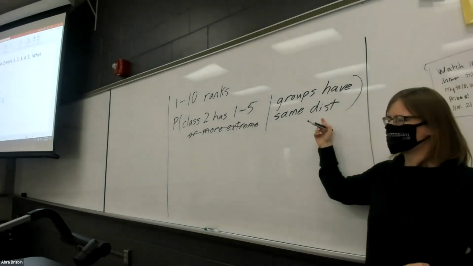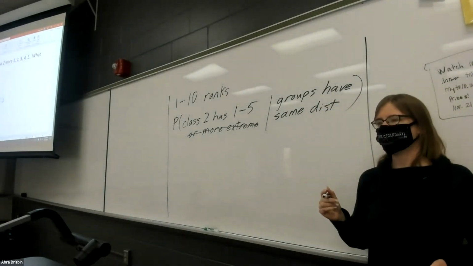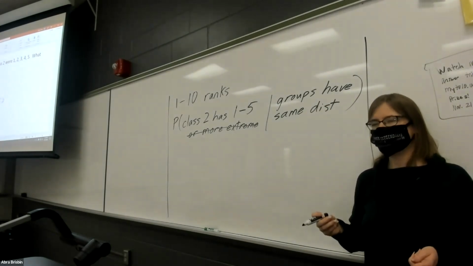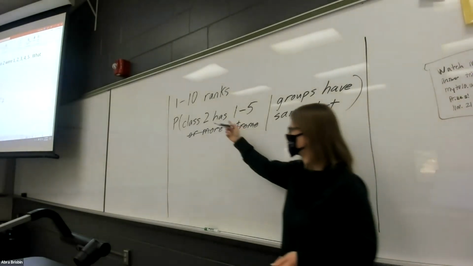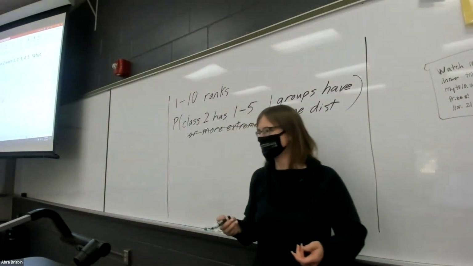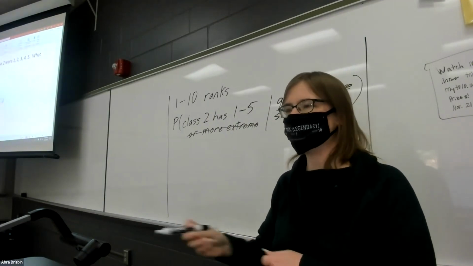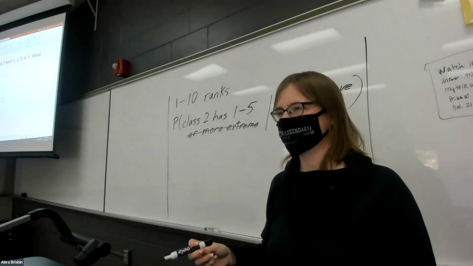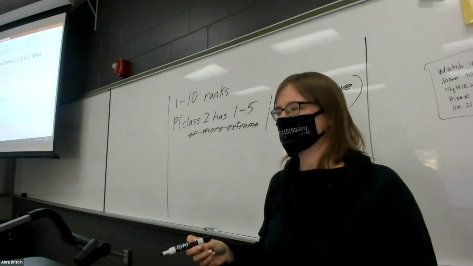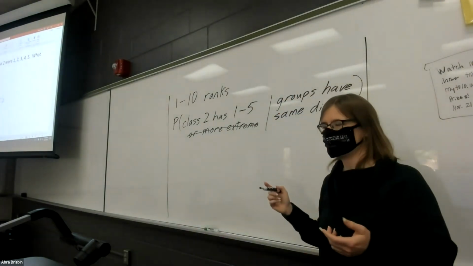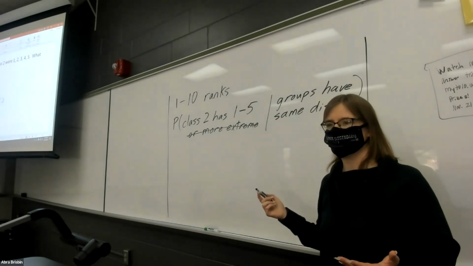If the 2 groups have the same distribution, then there's no difference between the 2 classes. We can just think about these numbers from 1 to 10 being like playing cards that we're shuffling up and then dealing into two piles. So we can find this probability using counting methods.